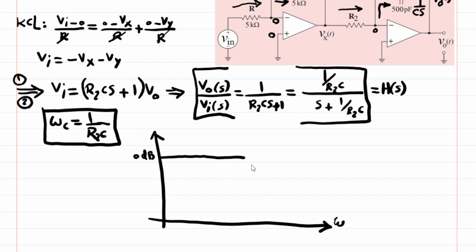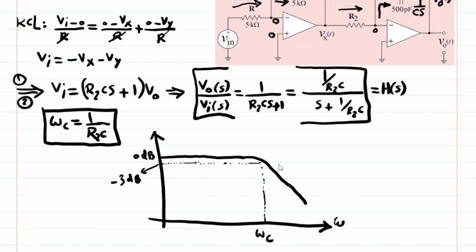And then when you get to around omega C, or your cutoff frequency, which is 1 over R2C, the drop is 3 dB in magnitude. So at this point you're dealing with negative 3 dB, or basically power is divided by 2.